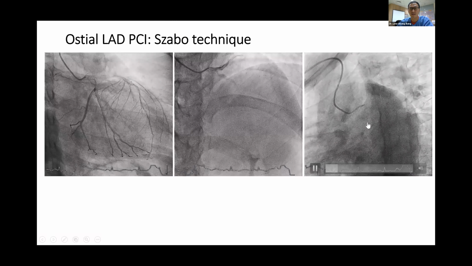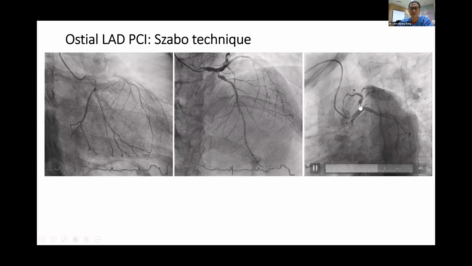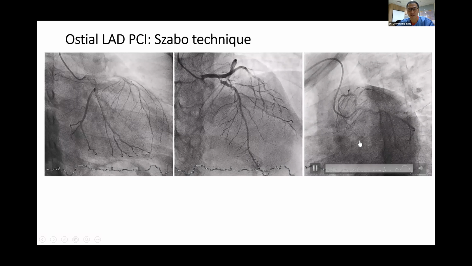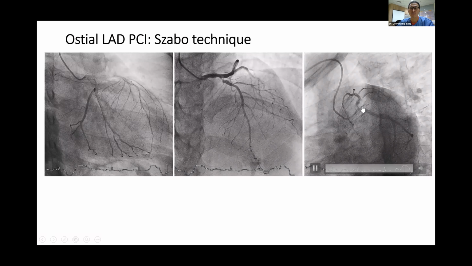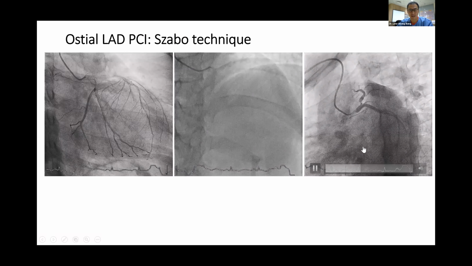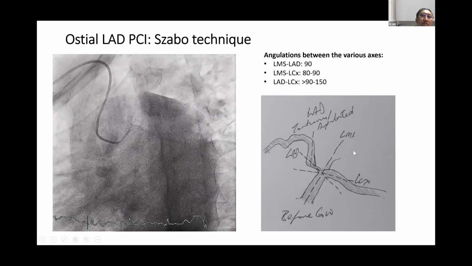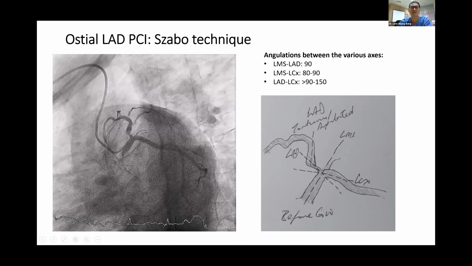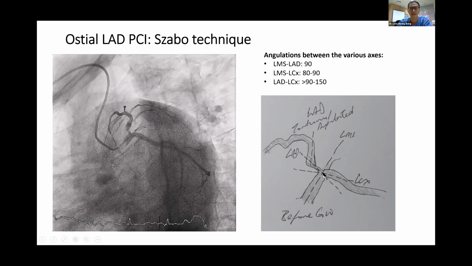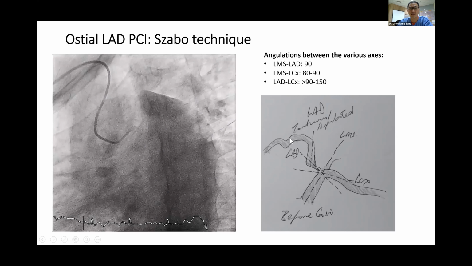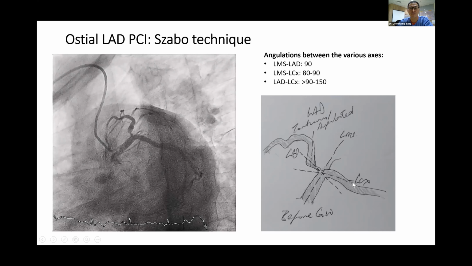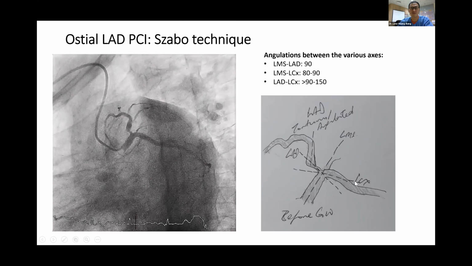And here in the spider view, this is slightly different from the previous one because the angle of the LAD in its natural form, without any wire, is more like a 90-degree now from the left main. So you have to anticipate you might have some difficulty. Here's the angle of the left main to the LAD and the circ. Of course, the bifurcation between the LAD and circ is very wide.